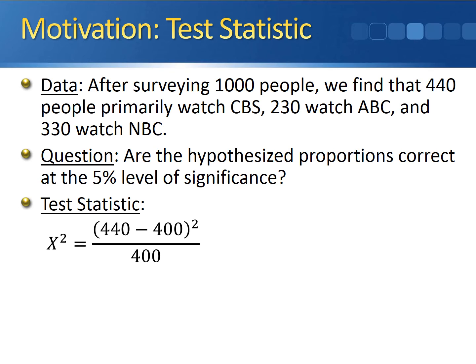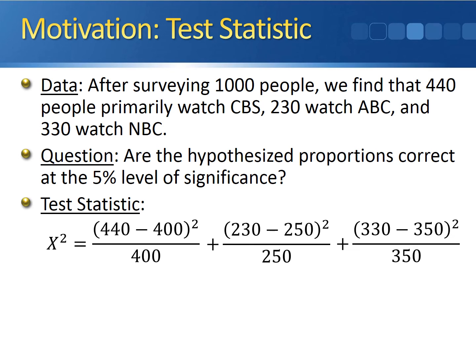We repeat this for ABC. ABC gives us 230 minus 250 squared in the numerator, divided by 250. And for NBC, we have 330 minus 350, that difference squared, divided by 350. Each of these individual terms, when worked out, gives us 4 plus 1.6 plus 1.14 for a final test statistic of 6.74.